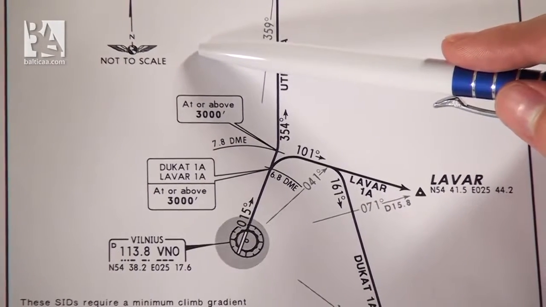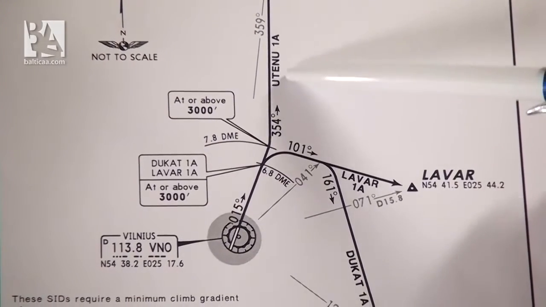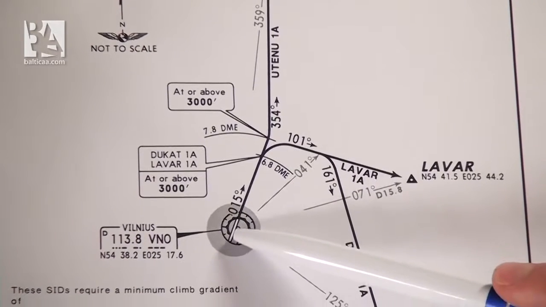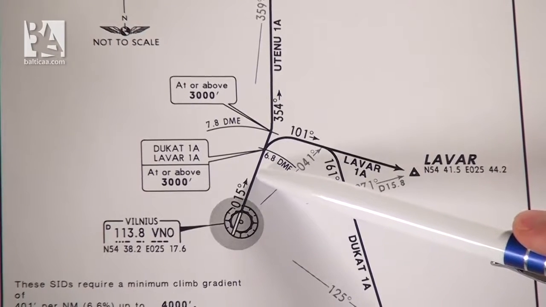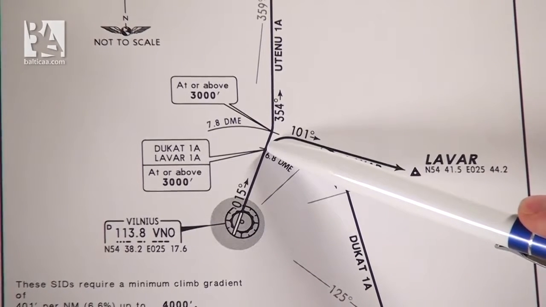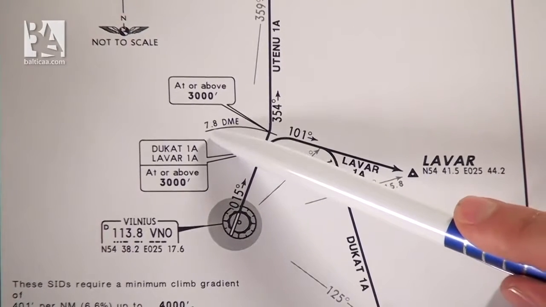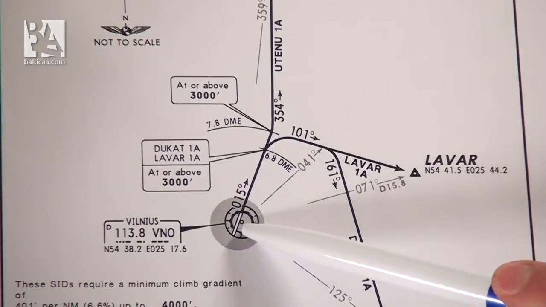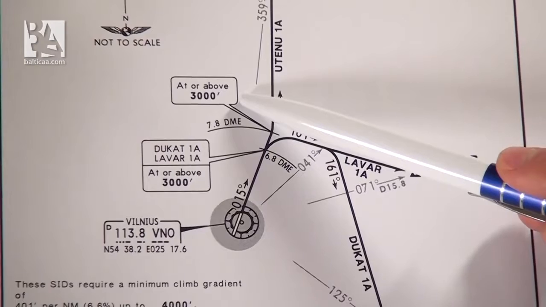So let us, for example, look at Uten 1 Alpha departure, runway 02. After departure, we would fly a heading of 015 degrees straight and continue straight ahead until passing 7.8 DME from Victor November Oscar, which we have to do at or above 3,000 feet as seen here.